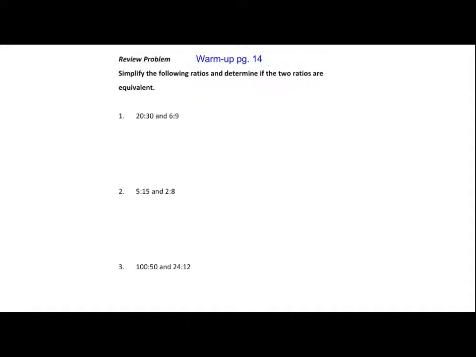Let's get started. Number 1, 20/30ths, or 20 to 30 and 6 to 9. Are these ratios equivalent or not? Well, we need to simplify our ratios. So let's simplify 20 to 30 first, and I can do that by using my GCF, my greatest common factor, and dividing by 10 in both my numerator and denominator.